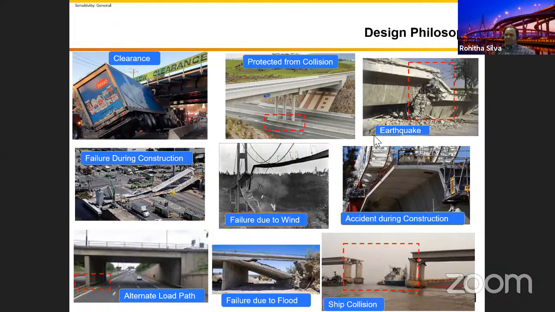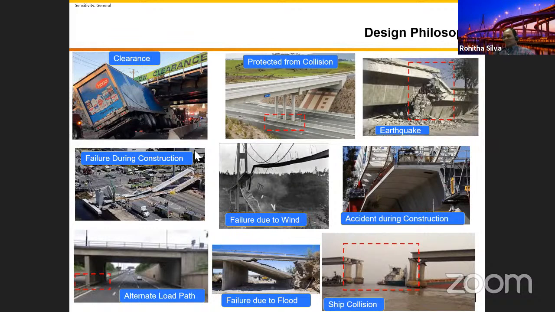That's why when you are designing a bridge, there are so many volumes of design codes. For example, in Australia, we have 9 design volumes to design bridges. There are many types of bridges. There are so many books, so many design manuals available for you to review and design.